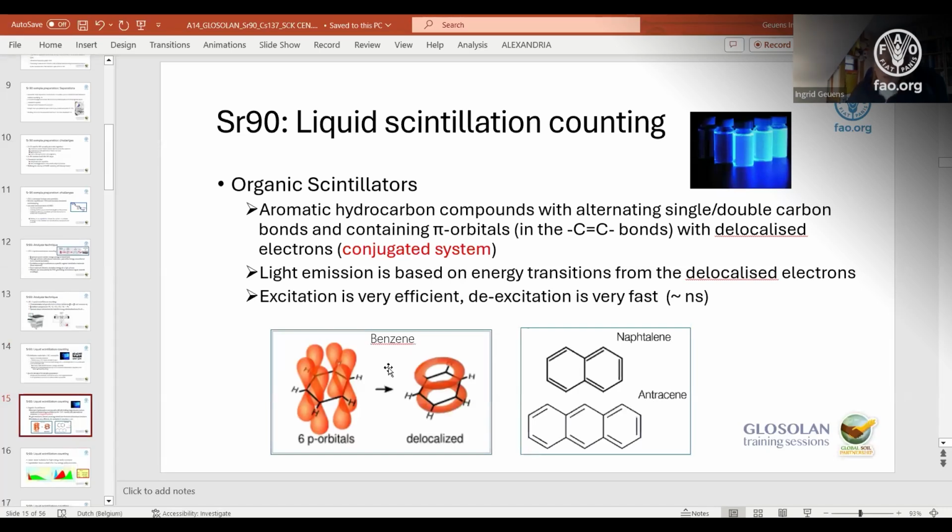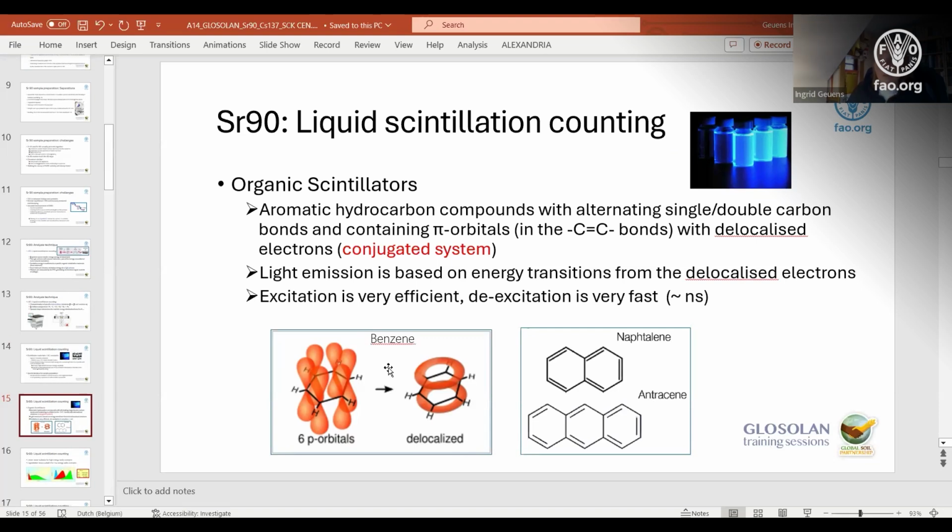So these are examples of organic scintillators. So typically aromatic hydrocarbon compounds with alternating single or double carbon bonds containing p orbitals with delocalized electrons. So it's called the conjugated system.